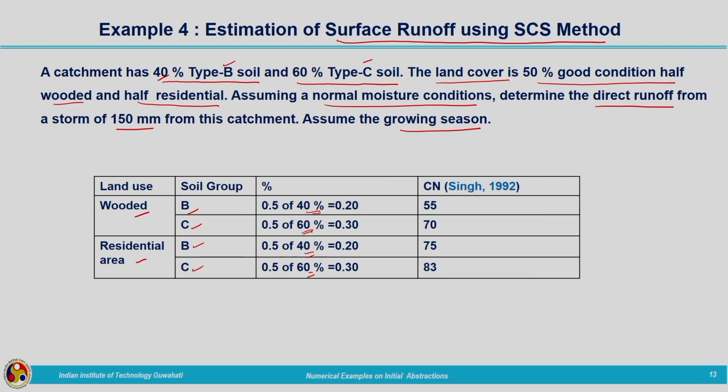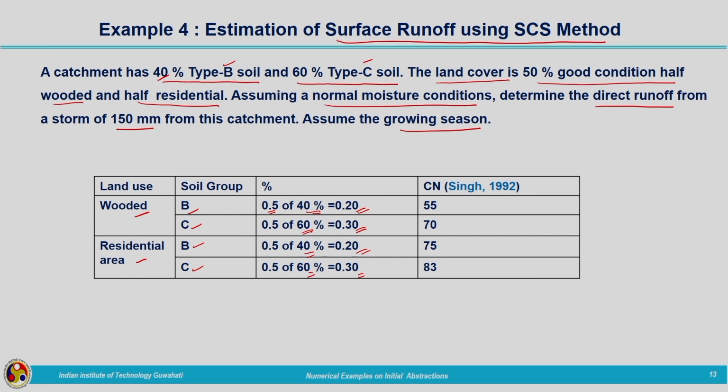The entire area is divided into 50%, that is 0.5 of 40% type B soil and 0.5 of 60% type C soil in wooded land use. In a similar way, the corresponding percentages for residential area we have calculated, and they are found to be 0.2, 0.3 and 0.2, 0.3 for residential area also.